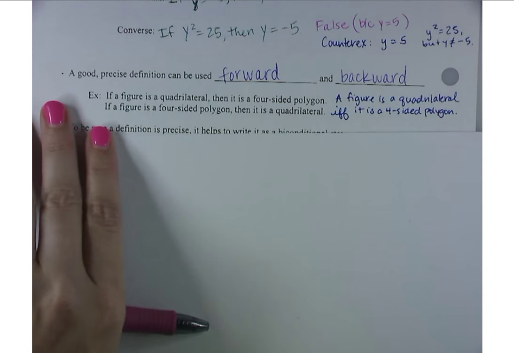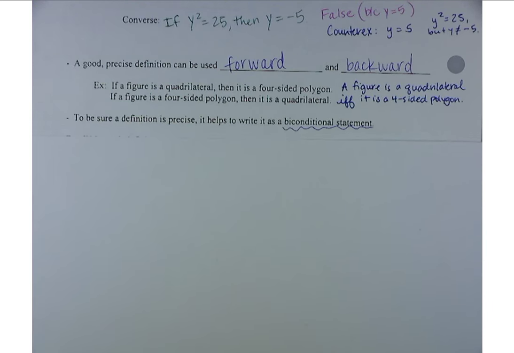Okay, so a figure is a quadrilateral if and only if it is a four-sided polygon.